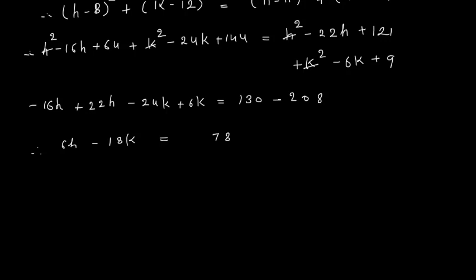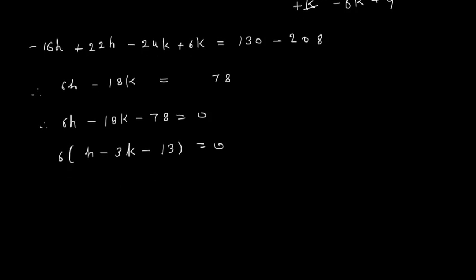So therefore I have 6h minus 18k minus 78 is 0. So I will take 6 common. When we take 6 common, we have h minus 3k minus 13 is 0.